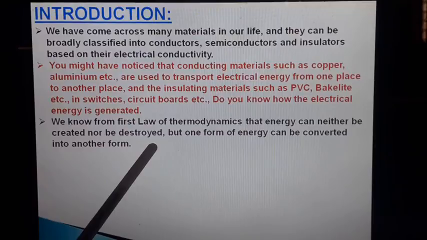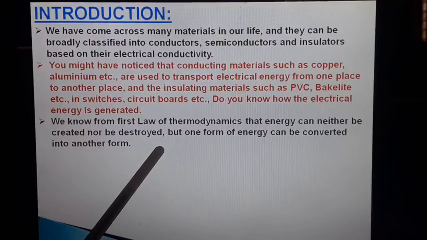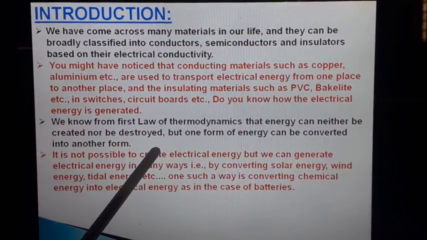The energy is already there in our universe. We cannot create or destroy it, but it can be converted to another form. This is how we have many energy systems: water energy, solar energy, wind energy, tidal energy, and thermal energy.